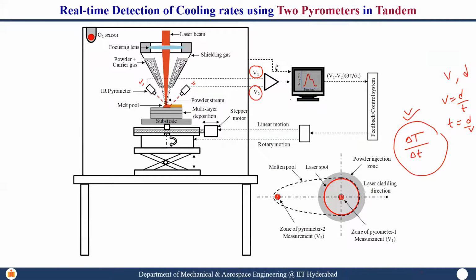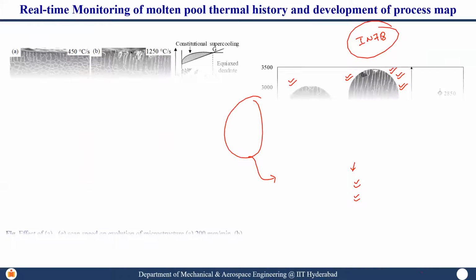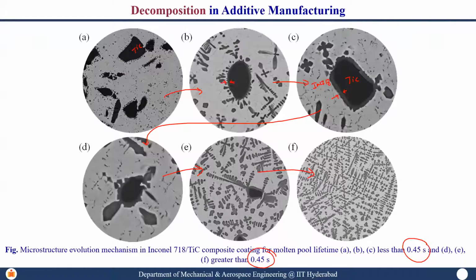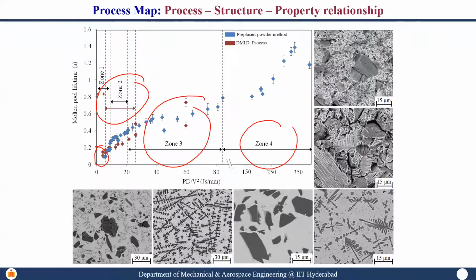Yeah, this one. Yes, sir. That shift that you showed in the solidus temperature, sir, how were you able to determine that the shift was in the solidus temperature? Did you do any DSC calorimetry, or based only on the temperature profile? No, we did not do that.